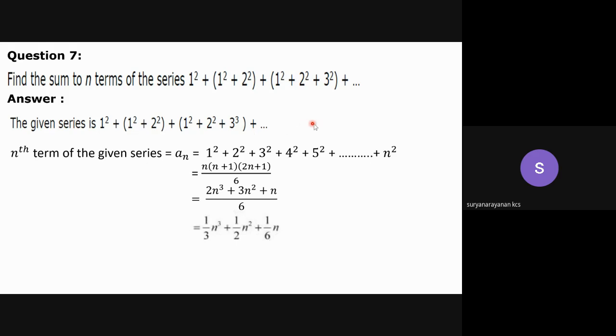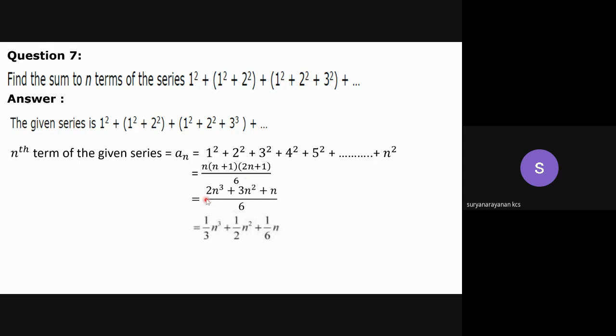In the nth bracket, we get this expression. If you observe this expression, this is nothing but the sum of the squares of the first n natural numbers. So that is equal to, what is the formula? Sum of the squares of the first n natural numbers. Yes, n into n plus 1 into 2n plus 1 by 6.